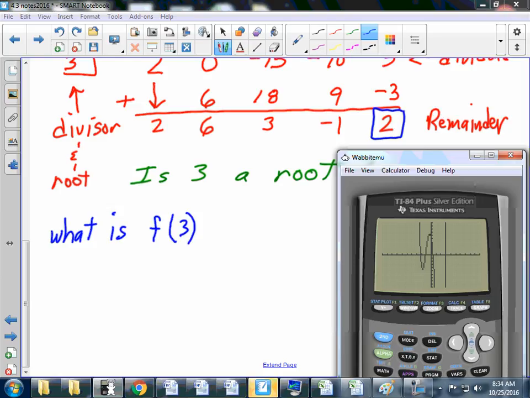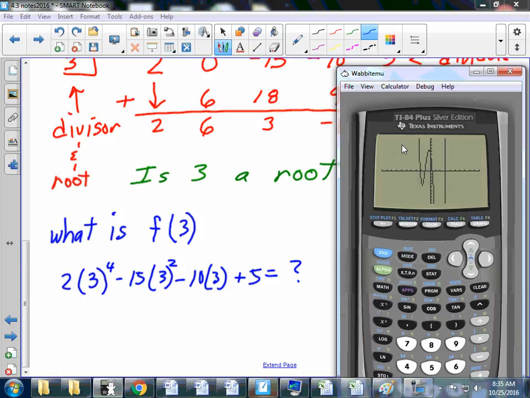In other words, if you put in 2 times 3 to the 4th minus 15 times 3 squared minus 10 times 3 plus 5, what would you get? Riddle me that, Batman. Now, I'm going to show you a good trick on your calculator so that you don't have to spend a month of Sundays figuring this one out.